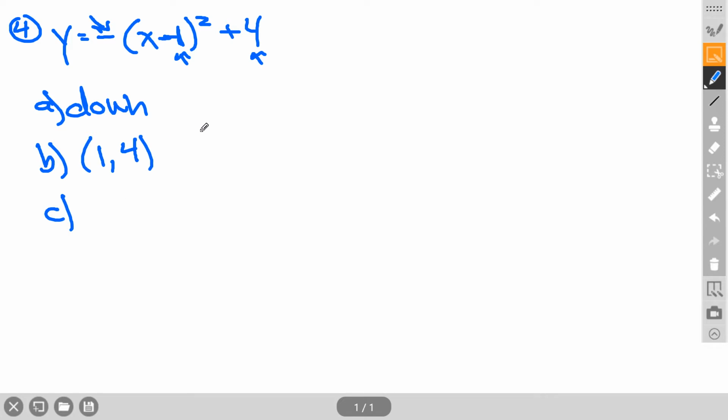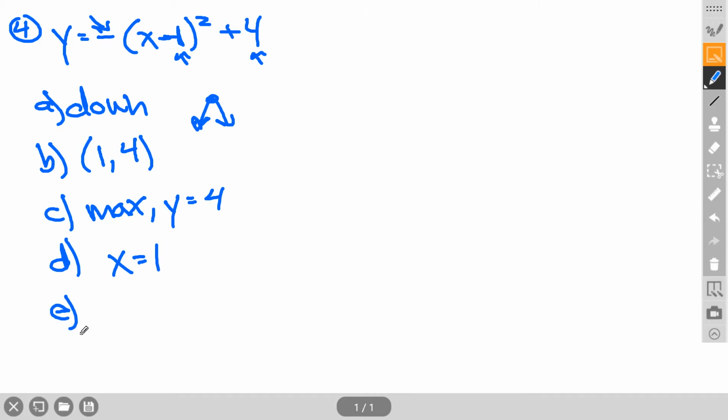C. This opens down. This means it looks something like this. This means the vertex is a maximum, and that maximum point is 4. D. The equation for the axis of symmetry is just the x-coordinate, so x equals 1. E. The y-intercept. So for the y-intercept, I'm going to actually have to plug in 0 for x.